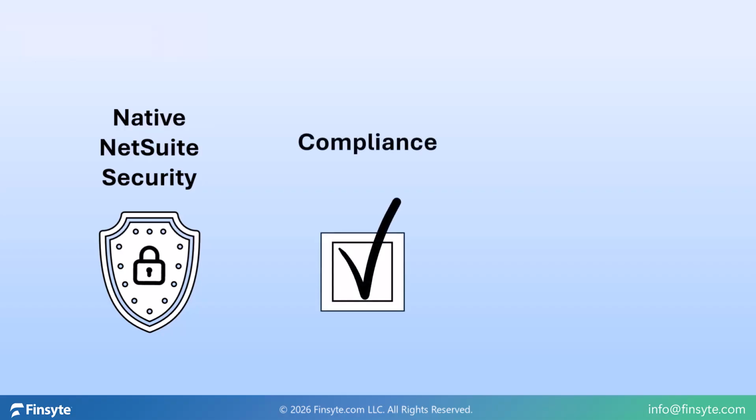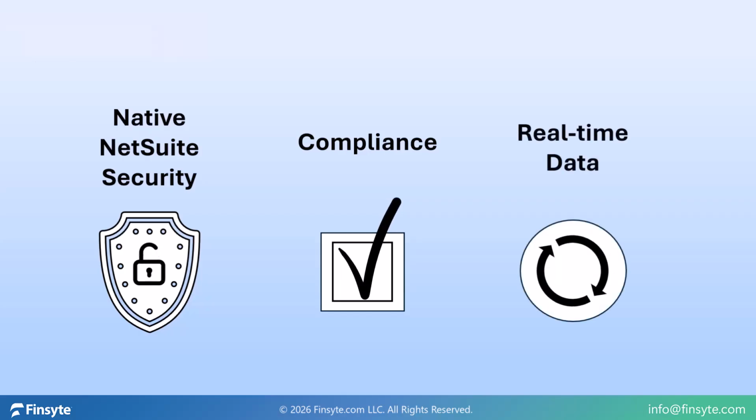For example, if your NetSuite role doesn't allow visibility into certain subsidiaries or accounts, those same restrictions automatically apply within Finsyte. Because Finsyte connects to live, real-time NetSuite data rather than a data warehouse, you're always working with accurate, governed information securely controlled by your organization's existing NetSuite permissions.